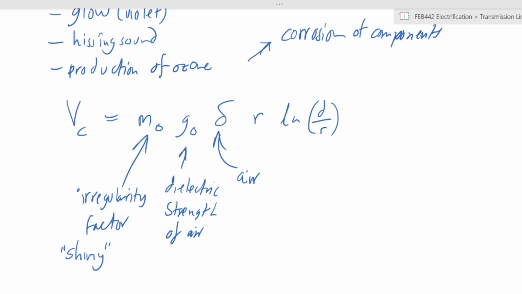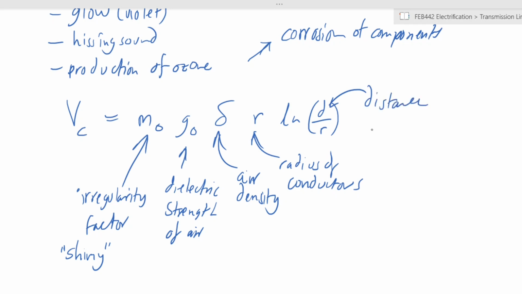Air density also has an effect, and R is the radius of the conductors. And finally, D, which is what we saw before, the distance between the conductors. So all these factors determine at what voltage the air will start to break down.